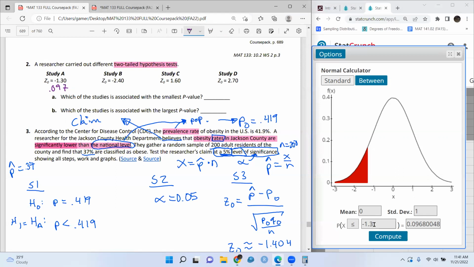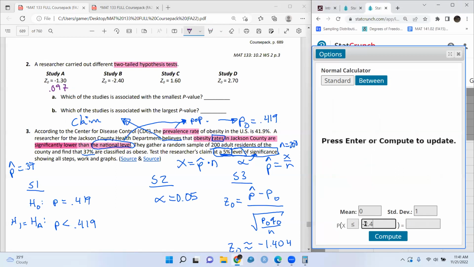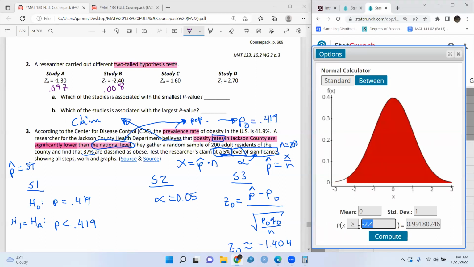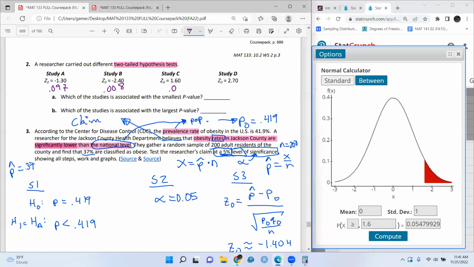We could do a less than on that negative 2.4. That has a p-value of 0.008. Now for the positive ones, we have to do greater than. So 0.054. Y'all see what's happening here?